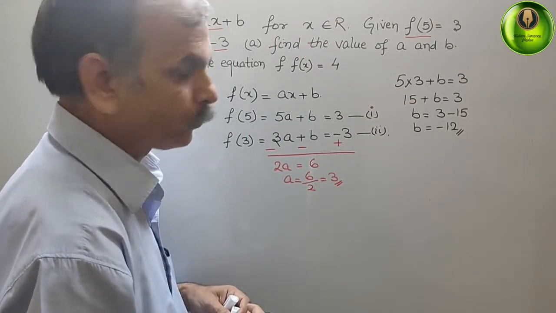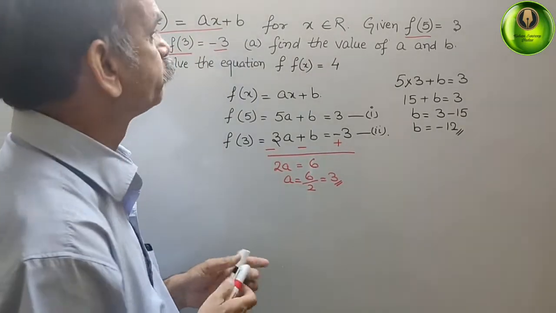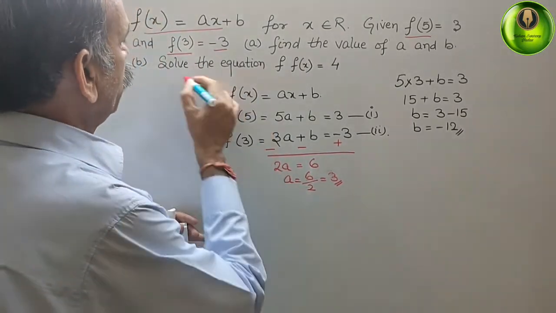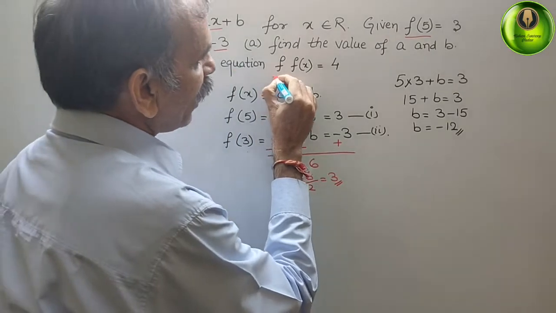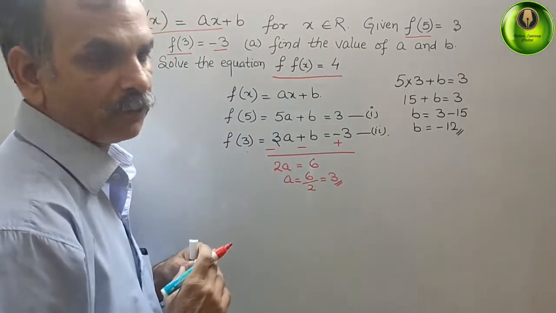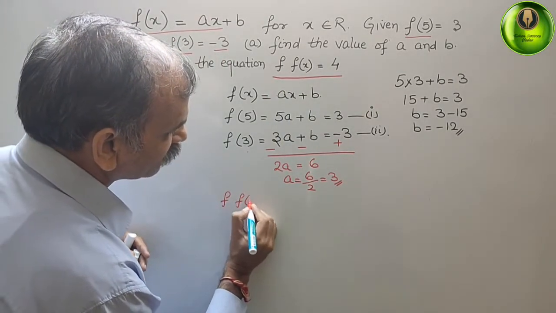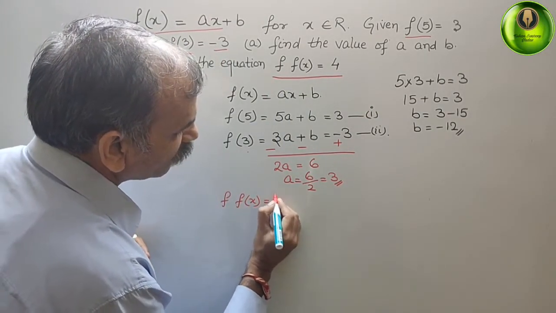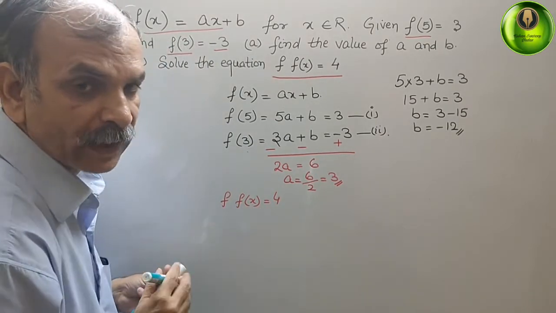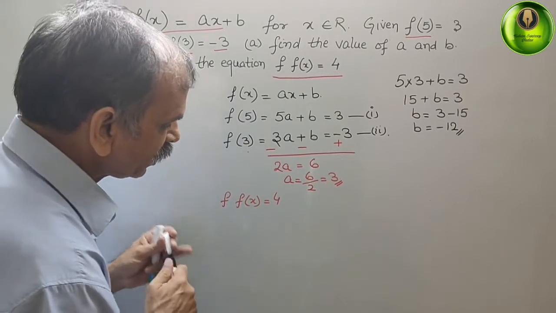Fine. Now, next what he has told you: solve the equation f(x) = 4. So how have they given it? See this, f(x) is equal to 4. That means just assume that this is your y.